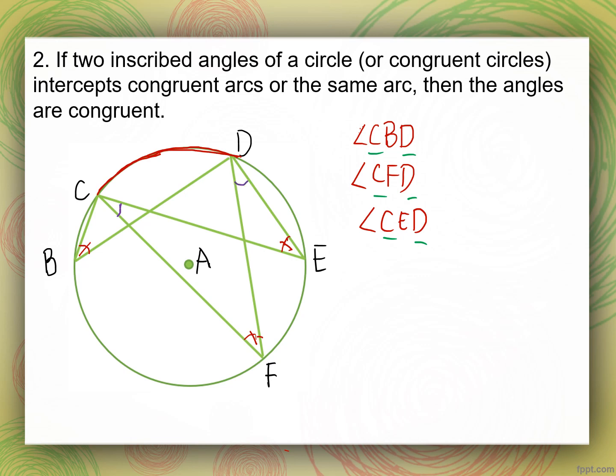These two angles intercept the same arc, which is arc EF. This arc. So you can see clearly, let's write the names of the two angles: angle FCE and angle FDE. As you can see, you have F and E, F and E there. So we can say also that these two angles are congruent.